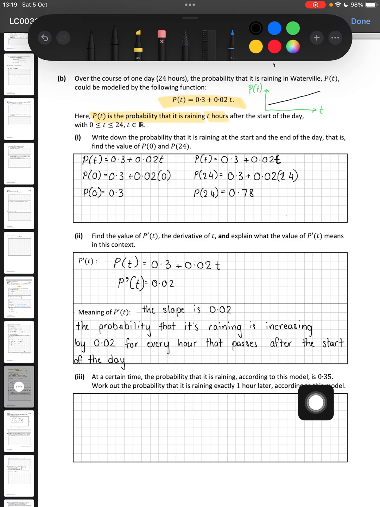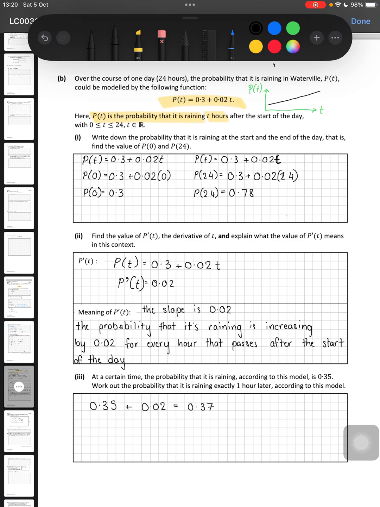So exactly 1 hour later, it's going up by 0.02. At some time it's 0.35, and we found that the slope is 0.02, so plus the slope, plus 1 times whatever the slope is. You can write it as P dash of t, or we don't even need to write that. We can literally just see it's 1 hour later and it increases by 0.02. So that is 0.37.